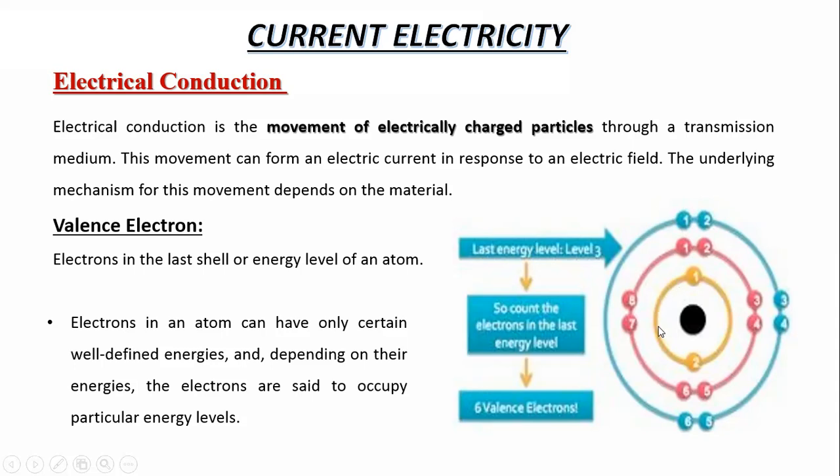The least amount of energy is present in electrons in the K shell, K orbital, whereas the pink one, that is L, has electrons with more energy than the K orbital electrons, and likewise the blue one, the valence shell electrons, will have more energy than the previous ones. So the electrons are said to occupy particular energy levels.